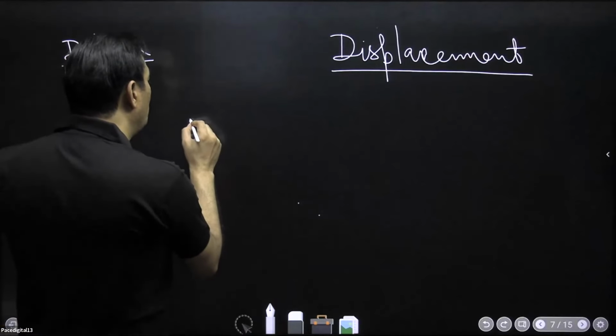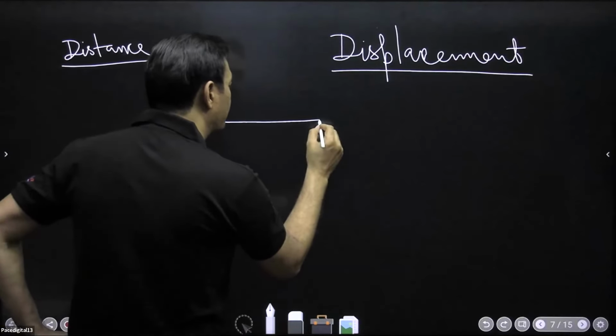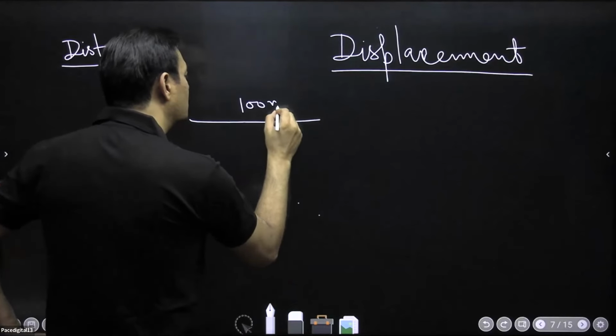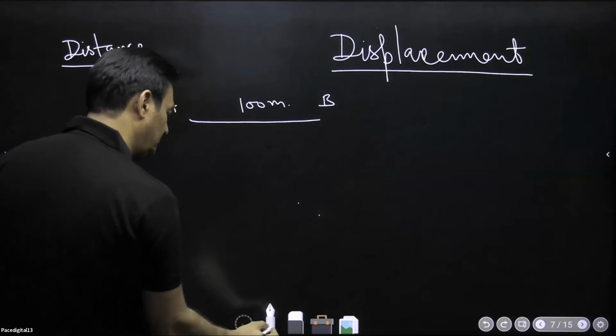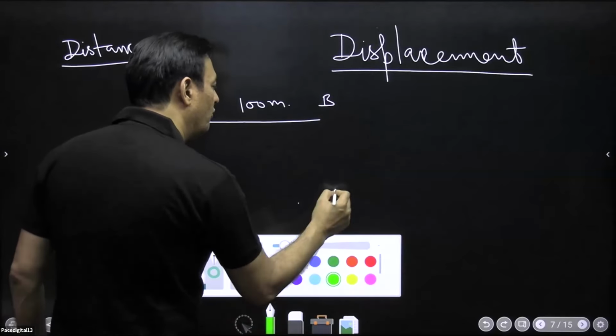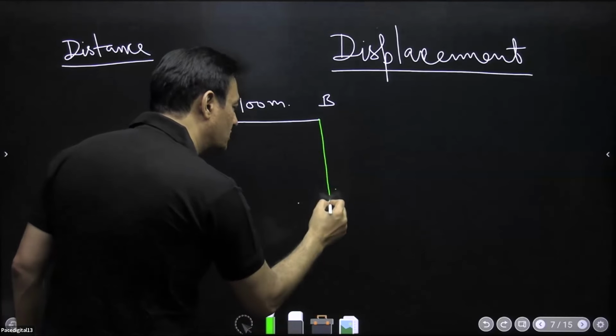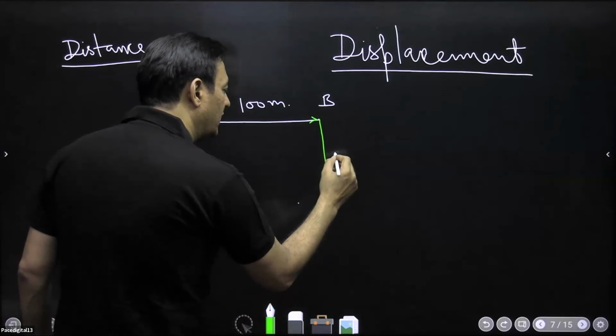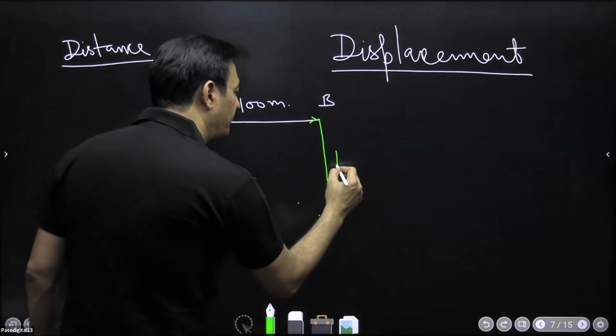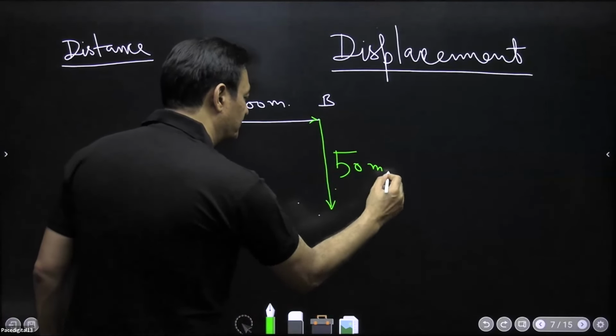Suppose a body moved from A to B, 100 meters along this path towards east. Then the body moved from B to C towards south, again 50 meters, suppose.